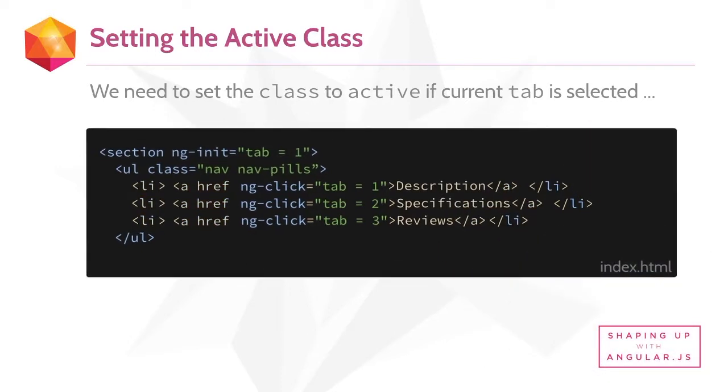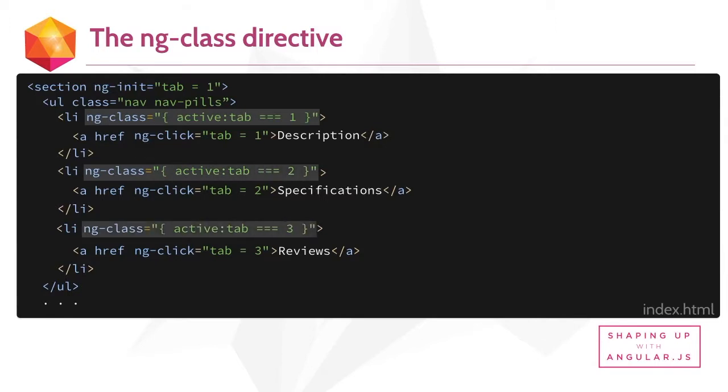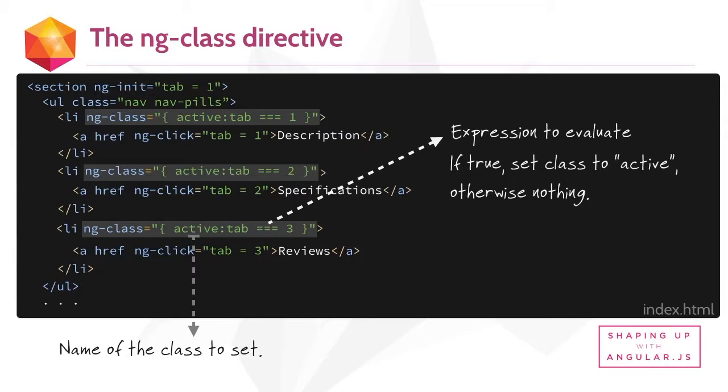To do this, big surprise, we need to use a new directive, the ngClass directive, which takes a bunch of arguments, but we're going to send in an object. In this object, we're going to specify as a key the name of the class that we want to set, and then as a value, an expression to evaluate. If this expression is true, we'll append this class to the element, and if it's not, we're not.